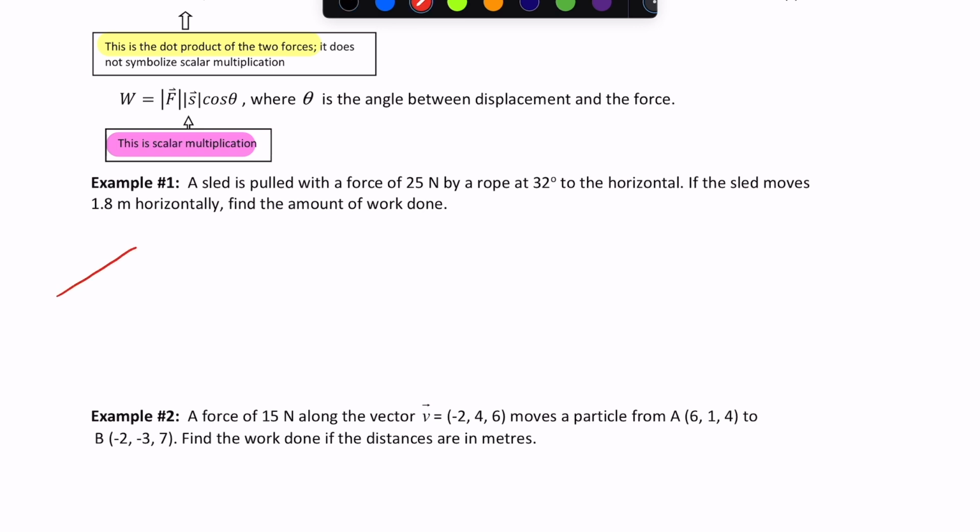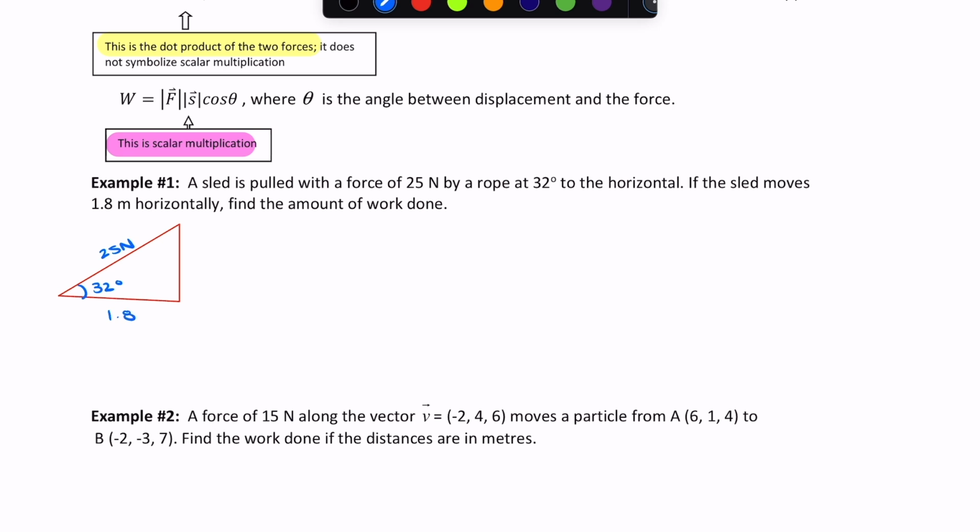Here, if we draw a diagram, we see the sled is pulled with a force of 25 newtons by a rope at 32 degrees to the horizontal, and the sled moves 1.8 meters horizontally.